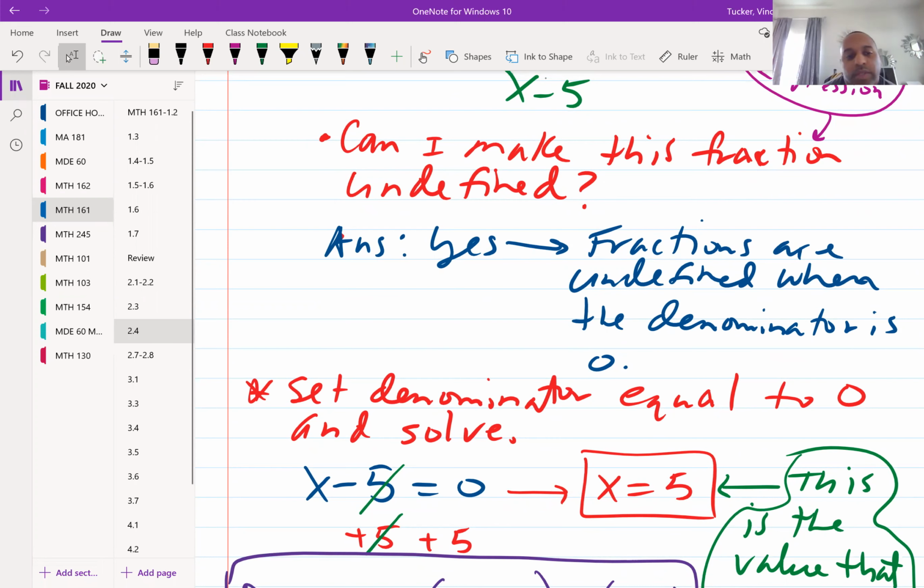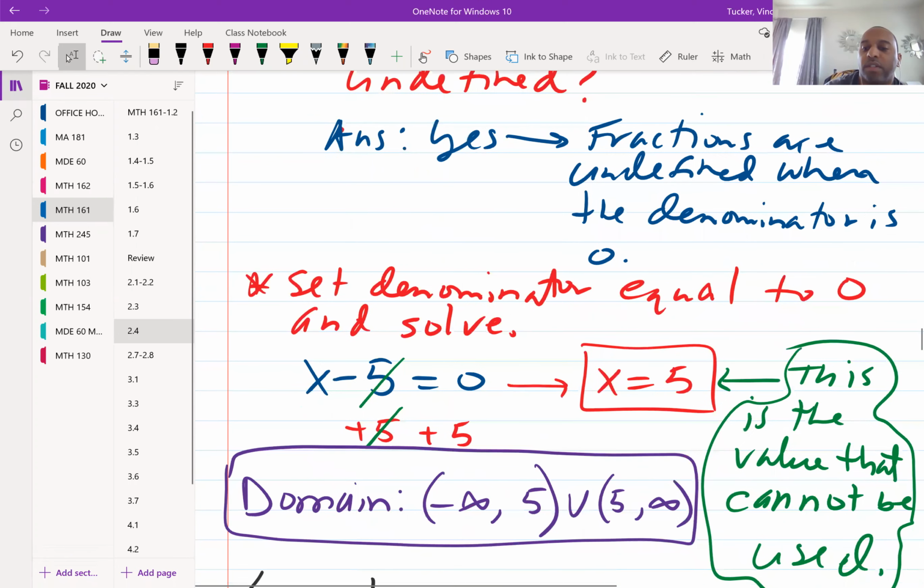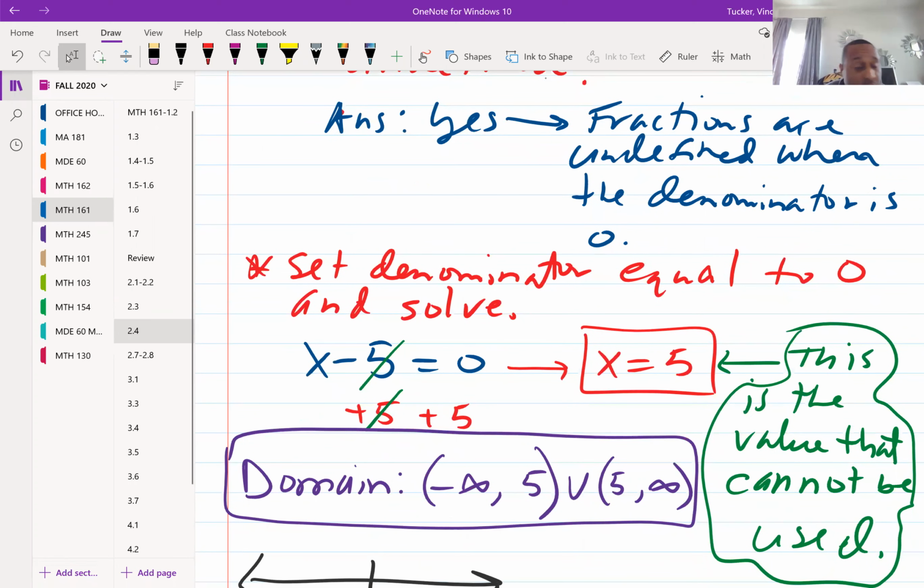Our denominator was x minus 5, set it equal to 0, solve, we have x equal to 5. And this is the value that cannot be used. If I would have put 5 in that denominator, I would get 0.